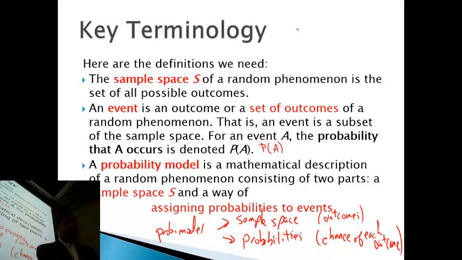So for your data from today, the probability model from our in-class example would be gender of people in your row. And the sample space will be male and female. Those are only two options, okay?